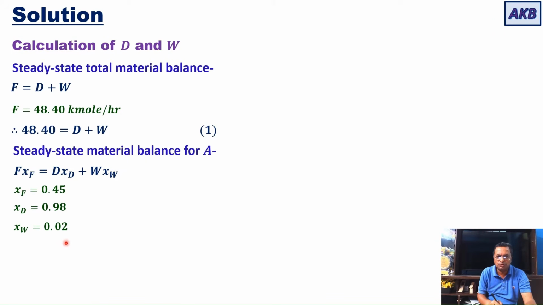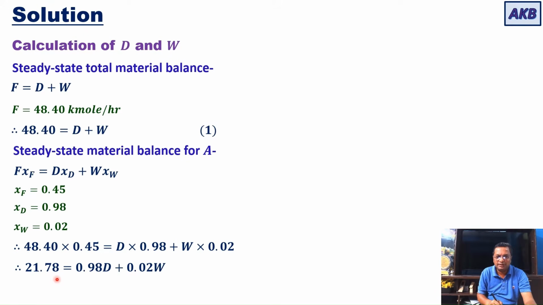So if you use these values, it will be 48.40 into 0.45 is equal to D into 0.98 plus W into 0.02. 48.40 into 0.45 is 21.78.